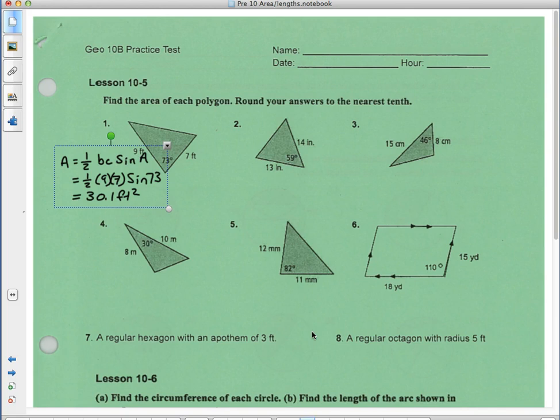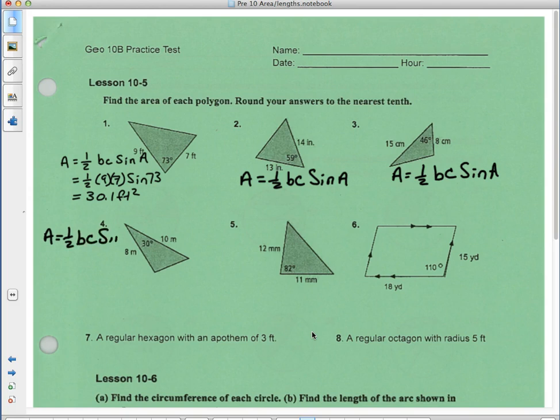But again, every one of these is area equal 1/2 BC sine of A. Area is equal to 1/2 BC sine of A. I'd strongly recommend to write these down. Folks are always wondering how I remember things, and it's because I keep writing them down and I visualize them.